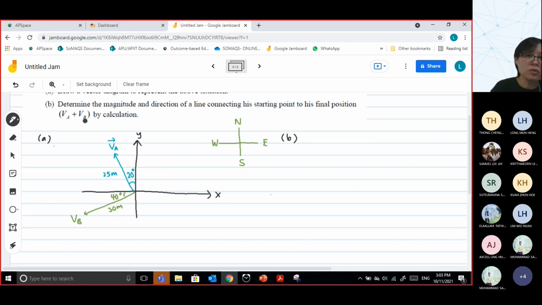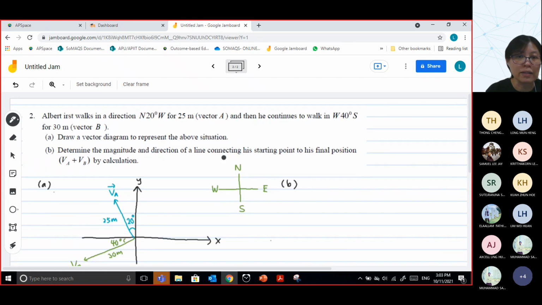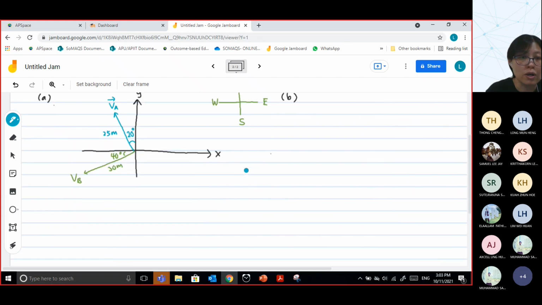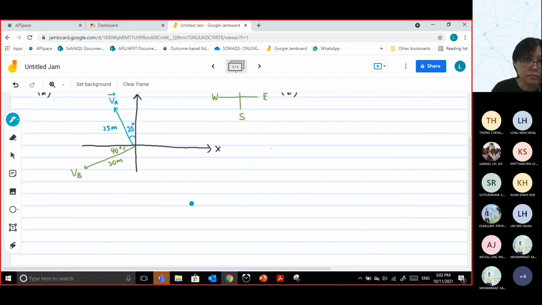Now, when we look at the problem, at first Albert walks in this direction. Then he continues to walk in this direction. So if we reflect on this, first this is vector A, 20 degree.